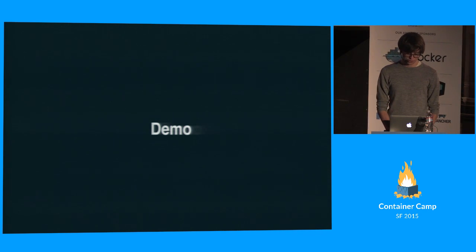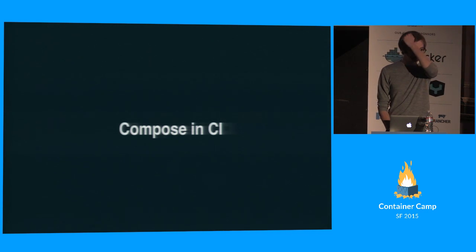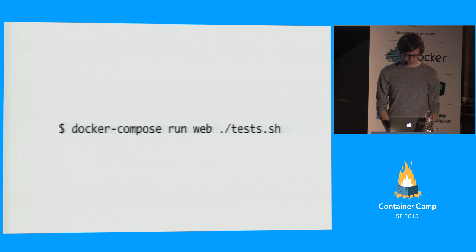But Compose can also do a bunch of other stuff. One thing it's particularly good for, and one thing we actually see people using it a lot for, even if they don't use development environments, is using Compose for running your CI tests in things like Jenkins and, well, not Travis, but Jenkins and that sort of thing.